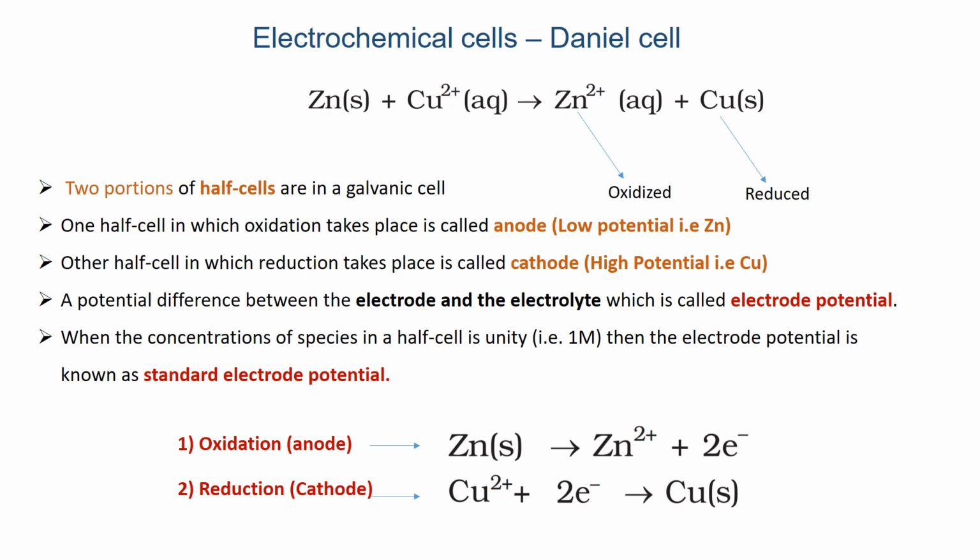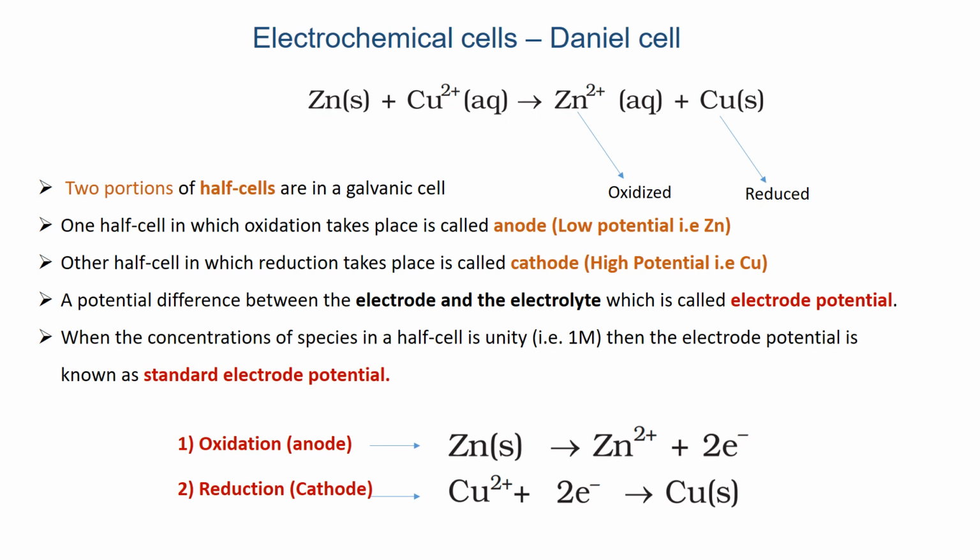Okay, we will also see some of the basic information for the electrochemical cells, because by understanding these terminologies we can understand the process of electrochemical reactions, right? Okay, the next thing is electrode potential. What is electrode potential? There is a potential difference between the electrode and electrolyte.